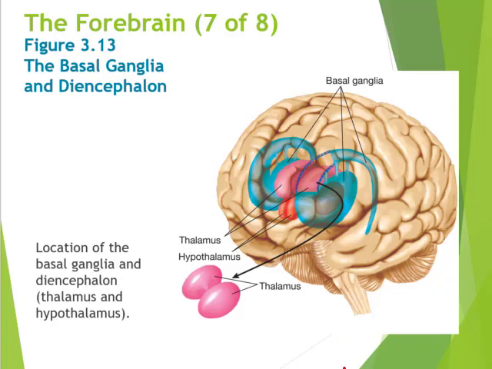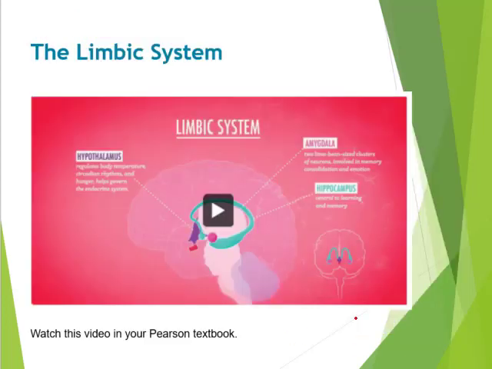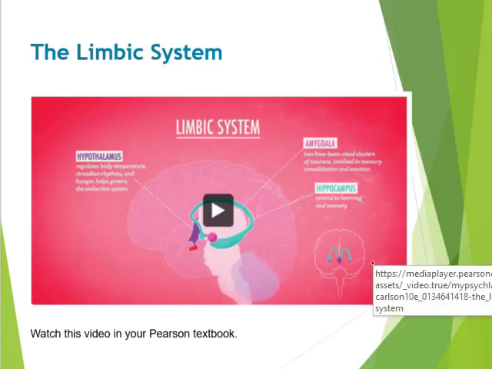And they include the thalamus, which you see blown up over here, and also the hypothalamus. In your textbook on Pearson is a really useful simulation of the limbic system that is worth viewing.